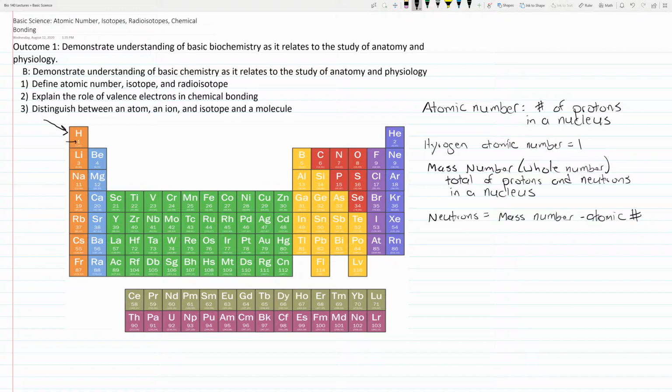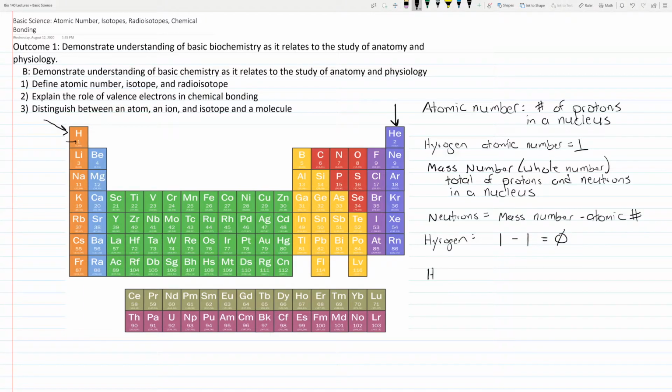So let's look at hydrogen, for instance. Hydrogen has an atomic number, we already know, of 1, and it also has a mass number of 1. So to figure out the number of neutrons, we take the mass number, which is 1, minus the atomic number, and that gives us 0. That means in hydrogen, there are no neutrons. Now let's go over to the edge of the periodic table, He, helium.